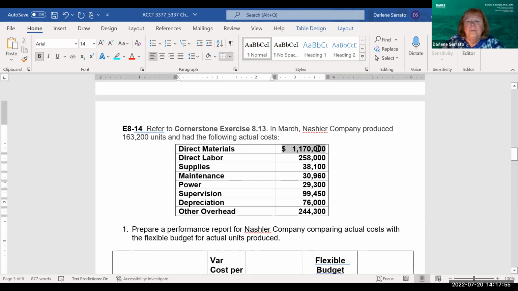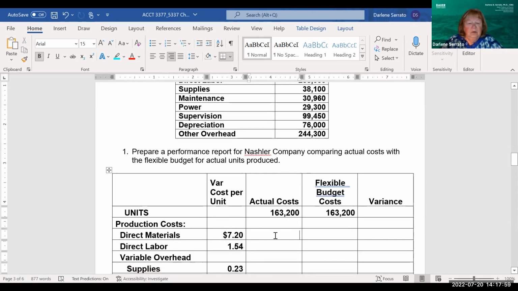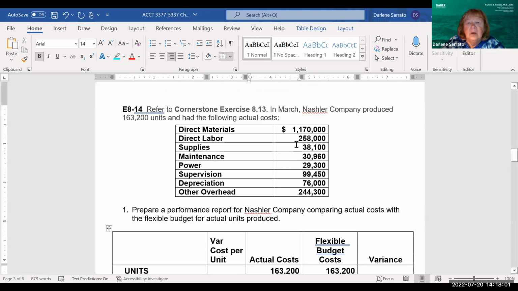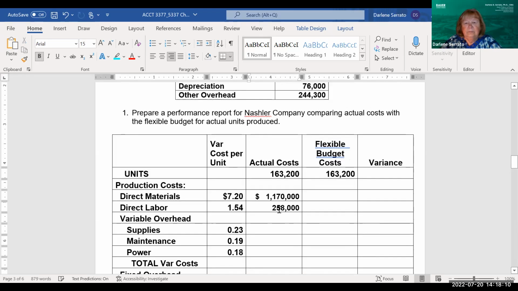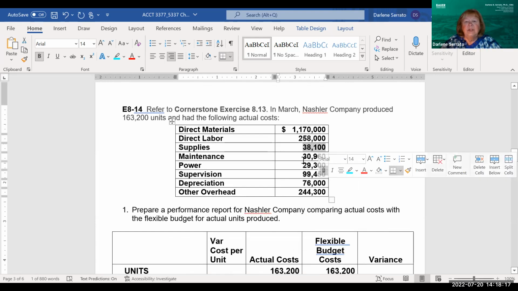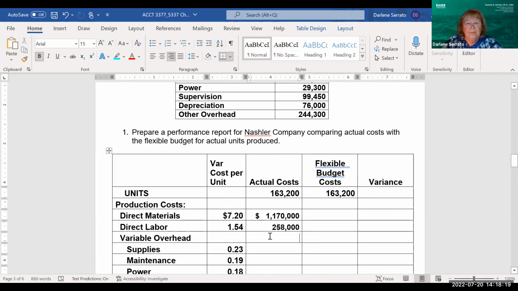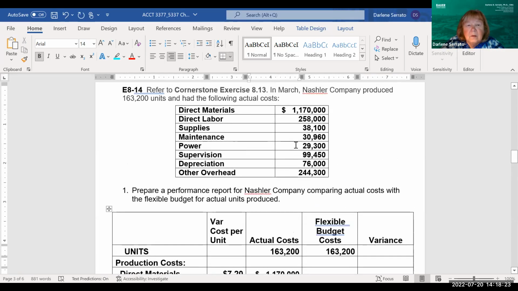So this here, 258 for direct labor. These were the cost for 163,200. Maintenance.